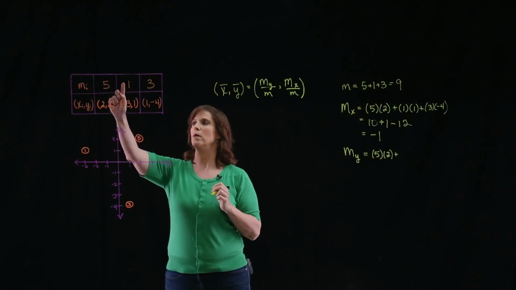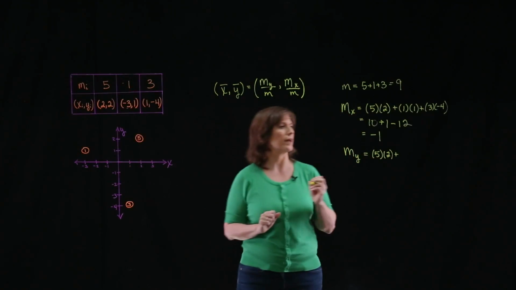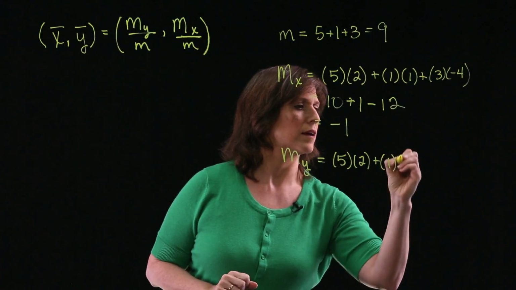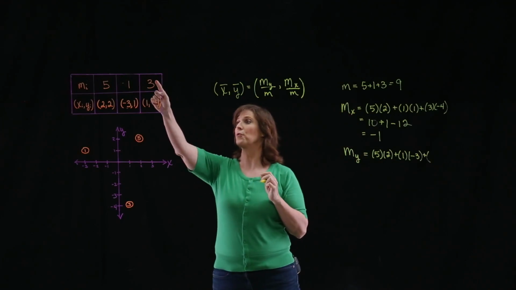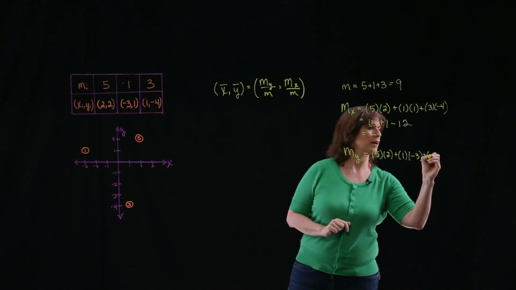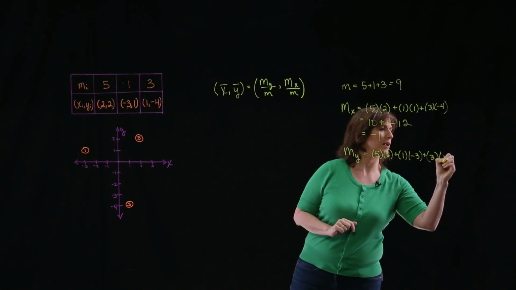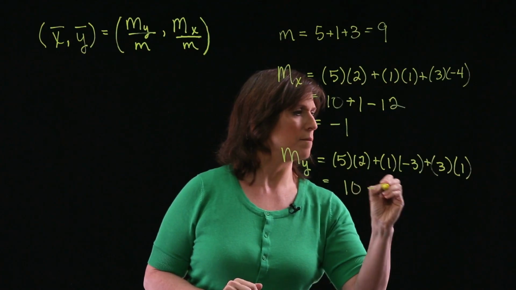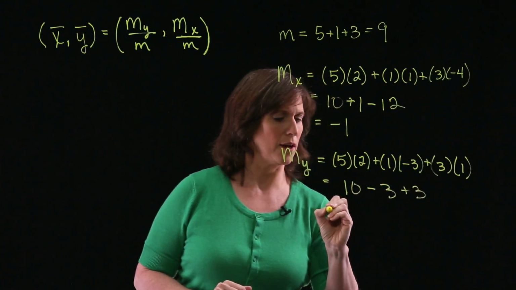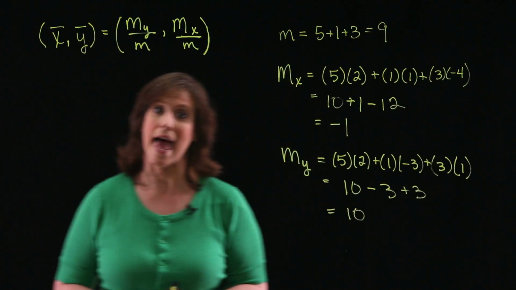The second point will be 1 times negative 3. And the third point, 3 times 1. For a total of 10 minus 3 plus 3, or 10.